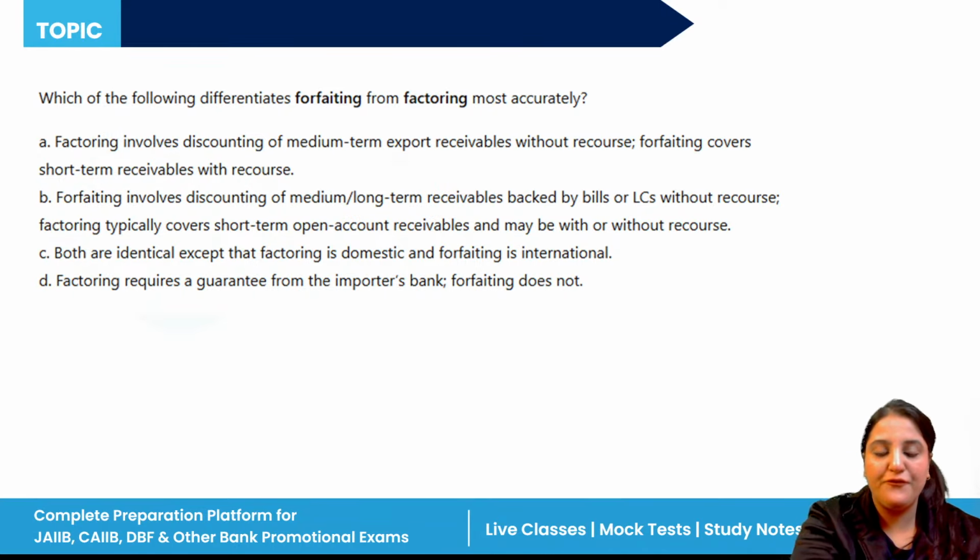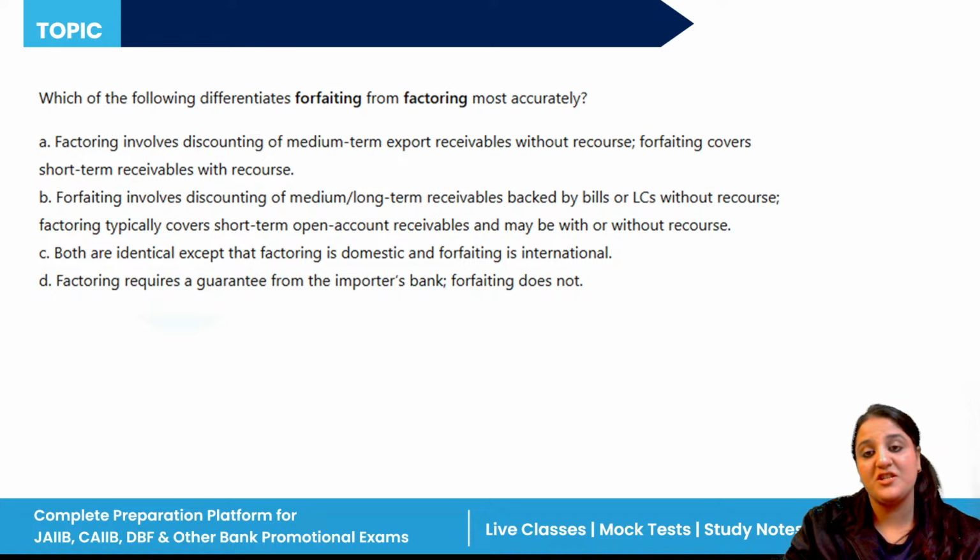That is the concept of factoring. And what is forfeiting? Forfeiting is a trade finance method where an exporter sells medium to long-term foreign account receivables at a discount to a specialized financial institution, called a forfaiter, who provides immediate cash. So which option is correct here?